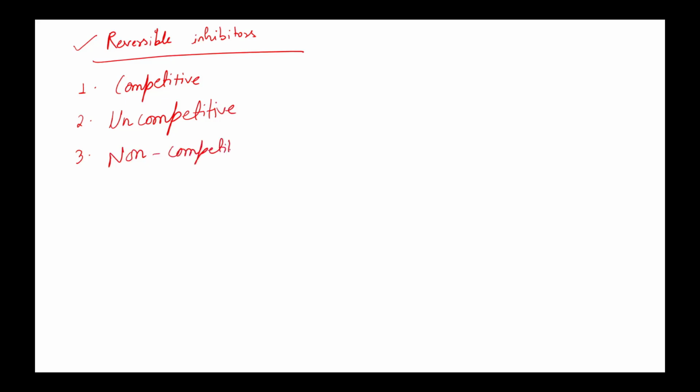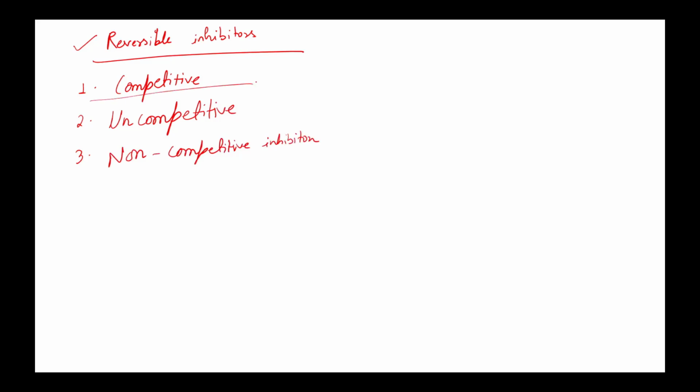Okay, so in reversible inhibitors we have three types. One is the competitive inhibition, another one is the uncompetitive inhibition, third one is non-competitive inhibition.